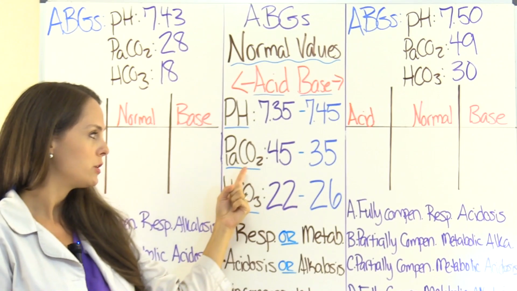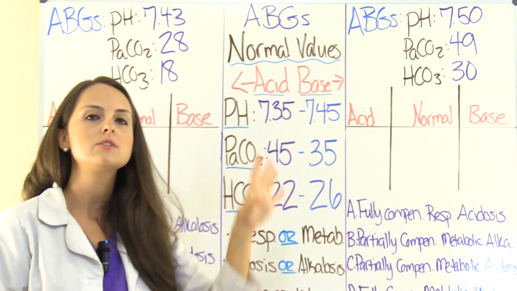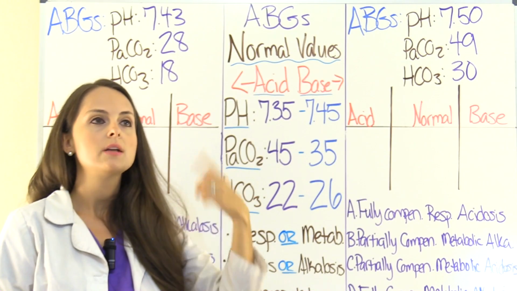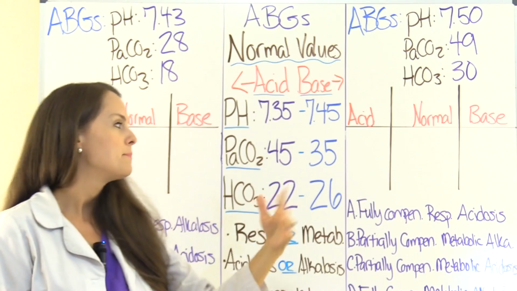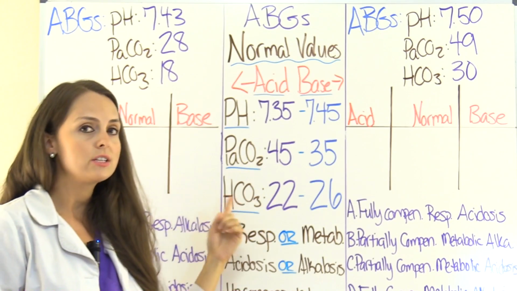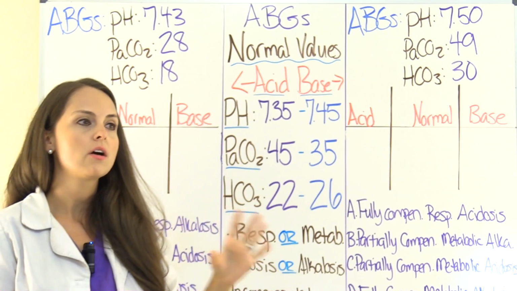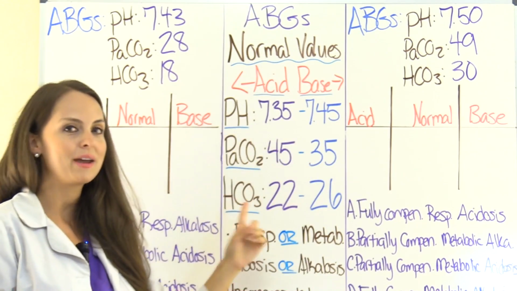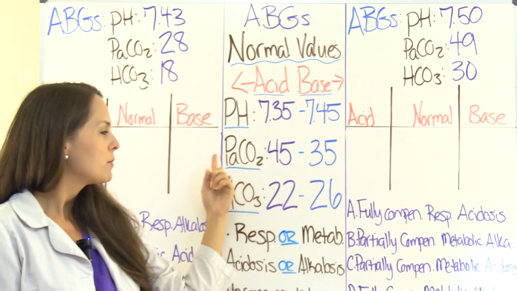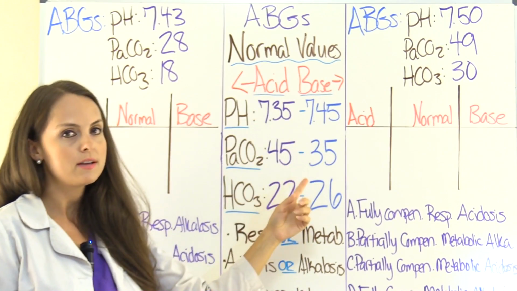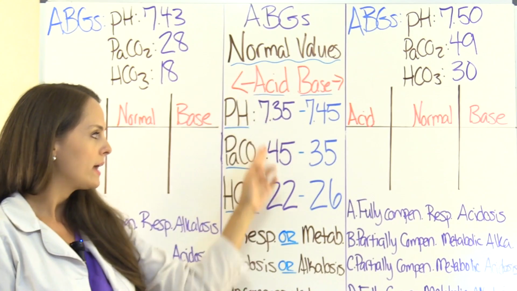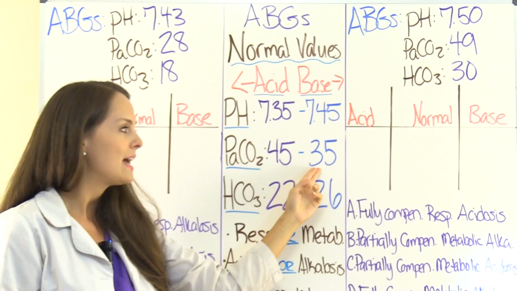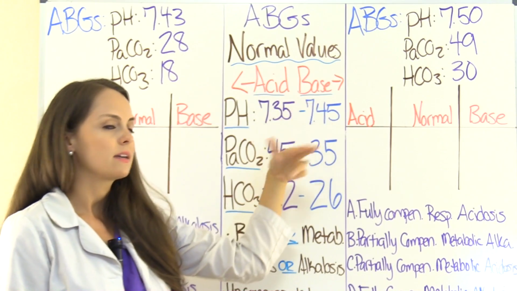Our PaCO2, this represents our respiratory system. So any value that you see, it's talking about respiratory. So remember that, because the next value, our HCO3, which is our bicarb, this is talking about the metabolic realm. So we have respiratory realm, the metabolic. So remember that. So for PaCO2, I flip them because anything greater than 45 is considered acidic, and anything less than 35 is basic, alkalotic.